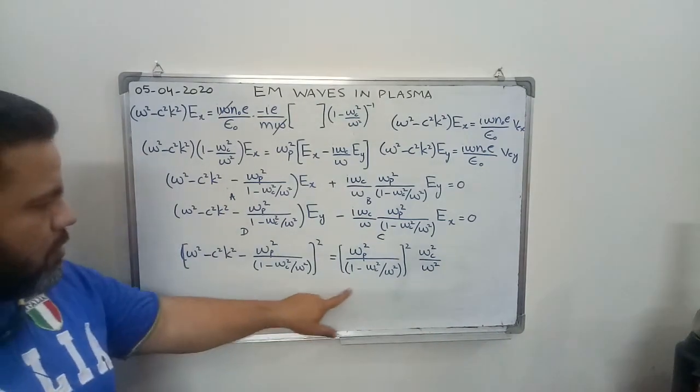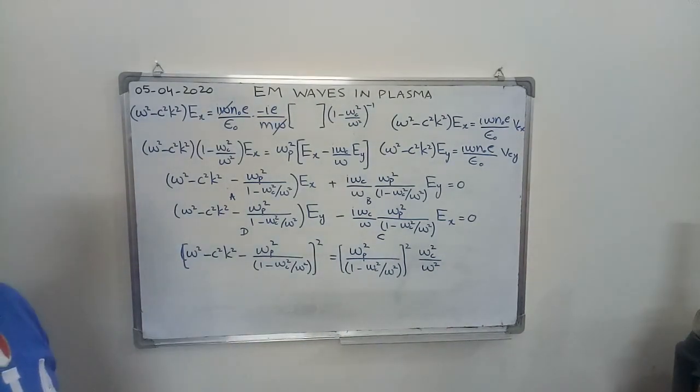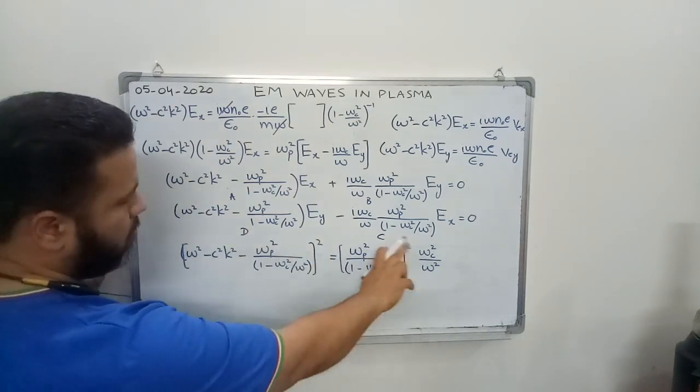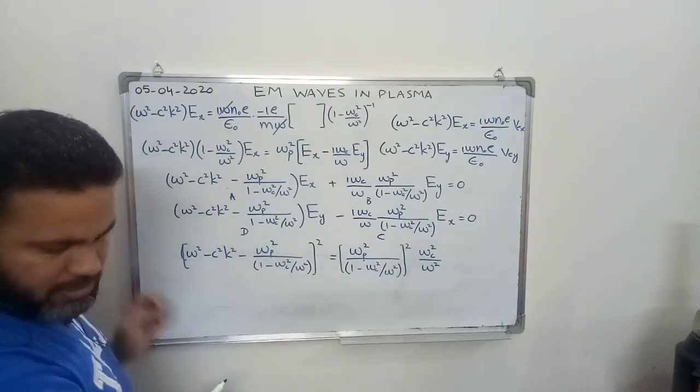So now we are going to solve this expression. As you can see, these are all square terms. So if we take the square root, the square will cancel out and we have a plus minus over here.